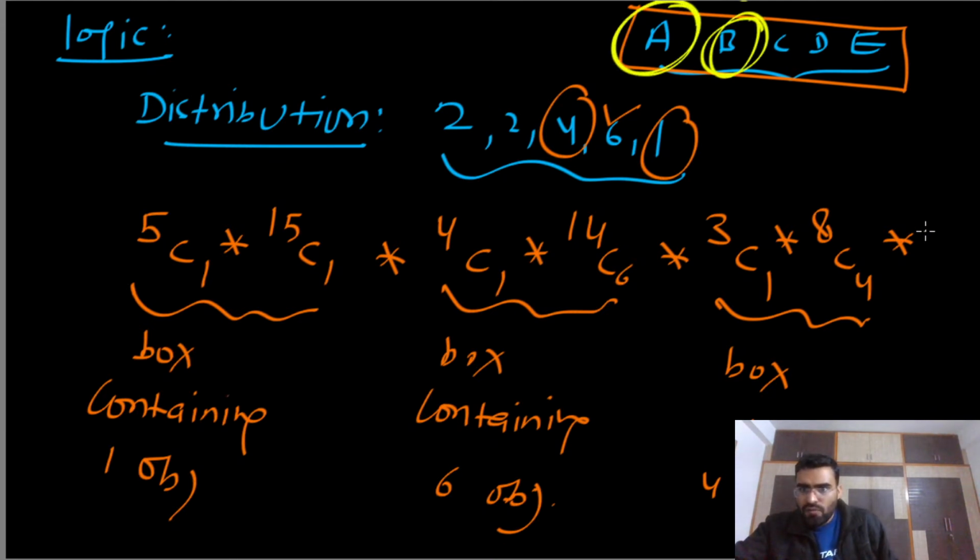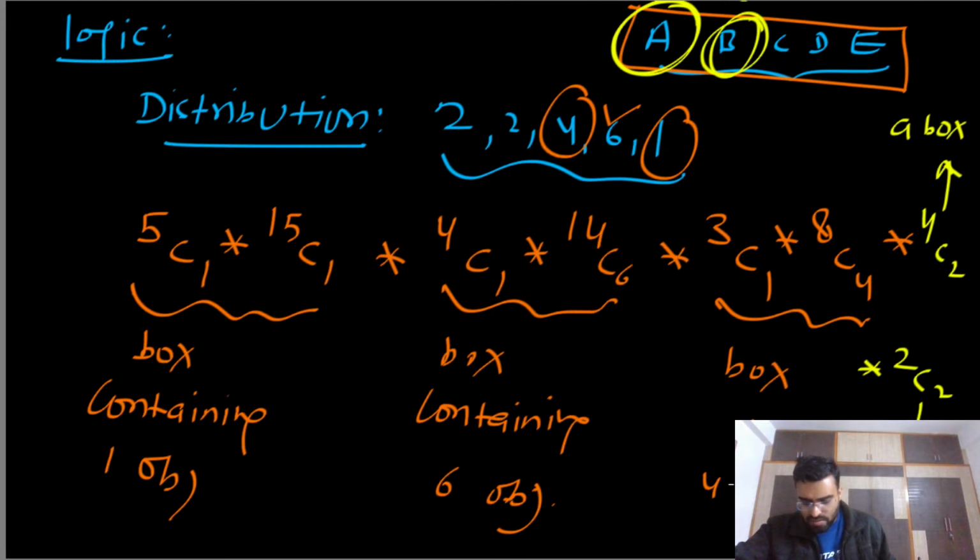So from the remaining objects I should select 2 objects and give them to one of the boxes, and the remaining I should give to another box.